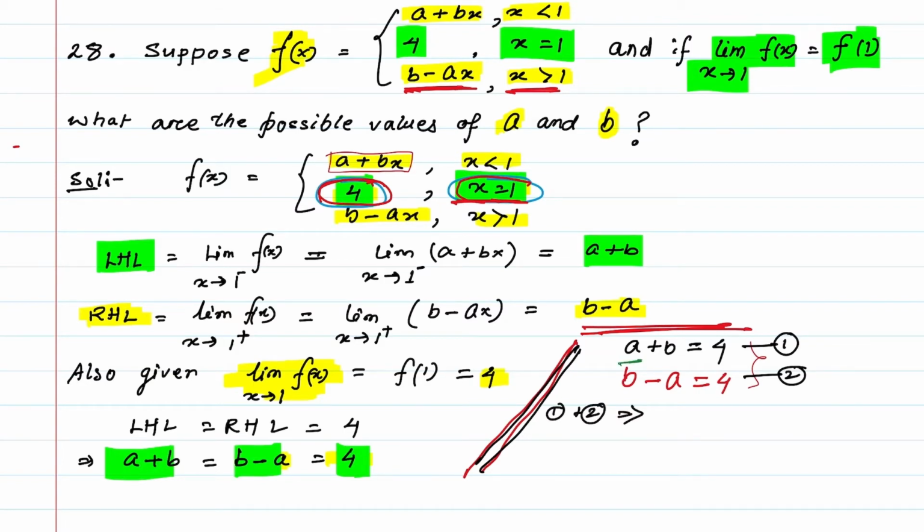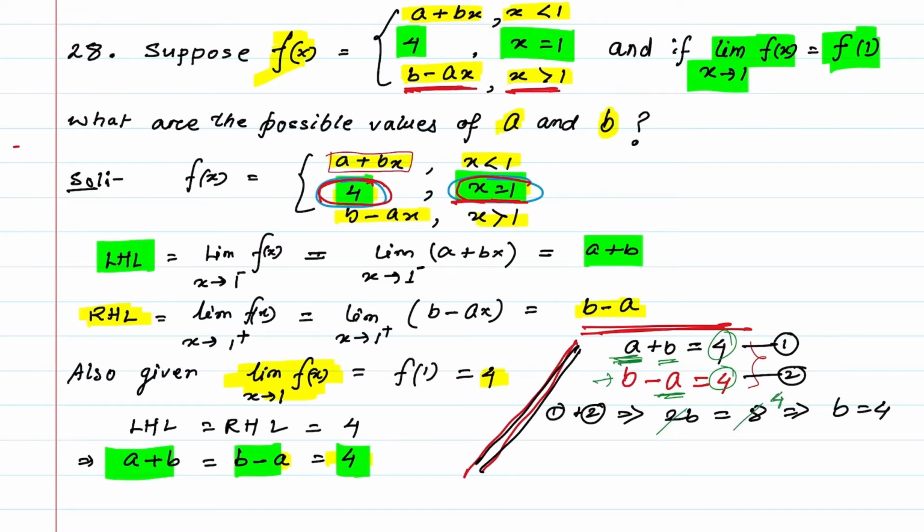Here minus a plus a will be cancelled, and b plus b will be twice b, and 4 plus 4 is equal to 8. That means b is equal to 4 after cancelling both sides by 2.